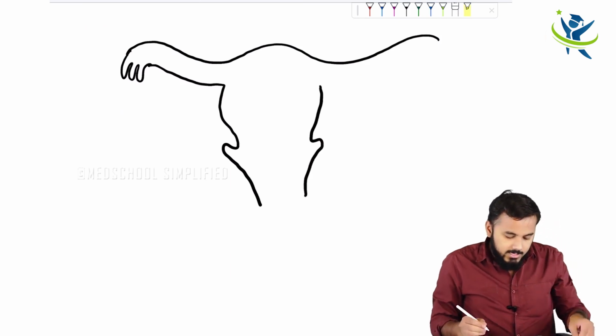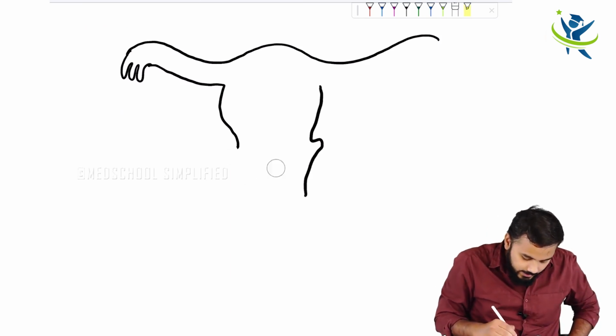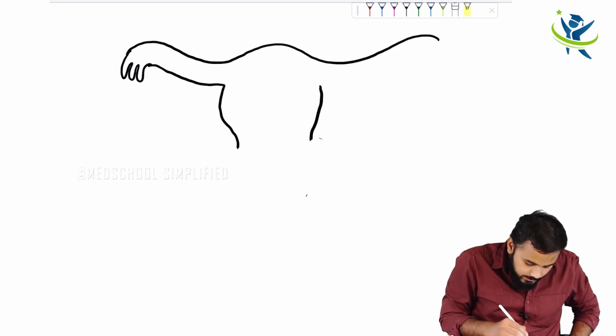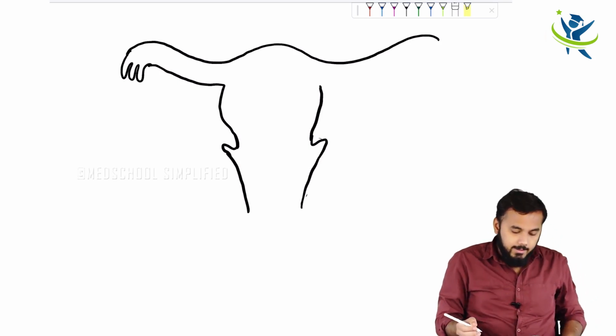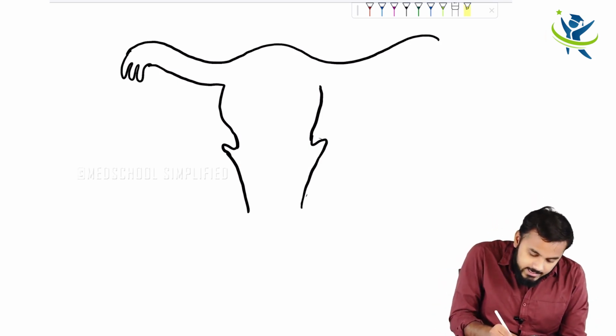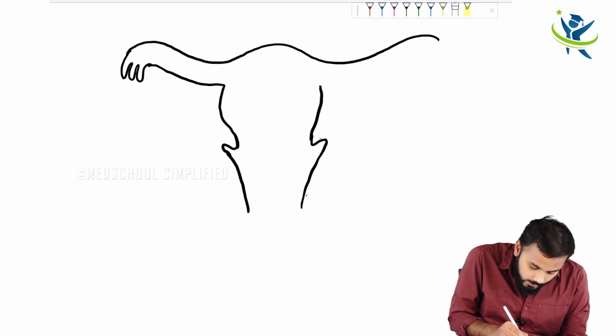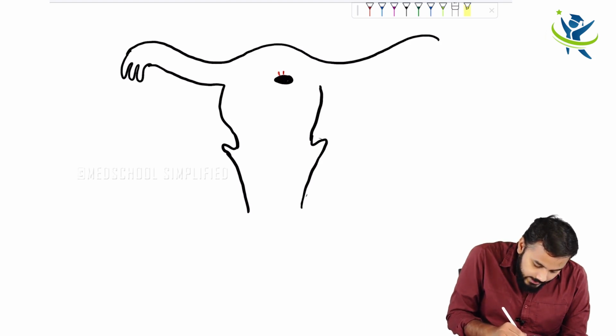So this is a simple picture of a female genital tract. Now in this female genital tract, let us say that you have a bacteria over here. So this is the bacteria.